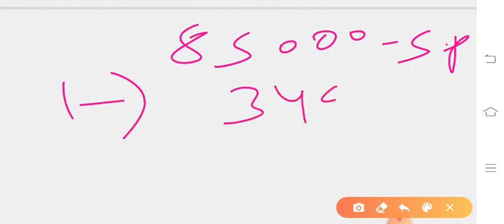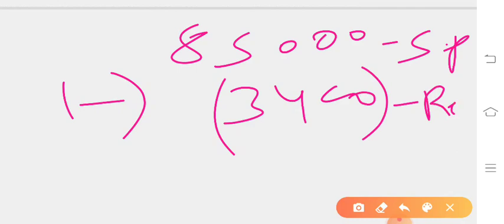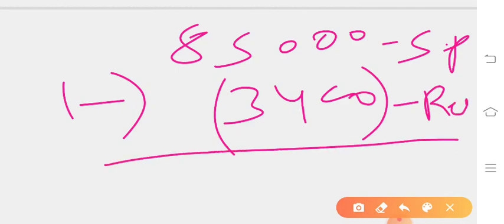It was 3400. So return should be subtracted from the sale. So the amount remaining is 85 minus 3 comes to 81,600. So the amount should technically be 81,600.